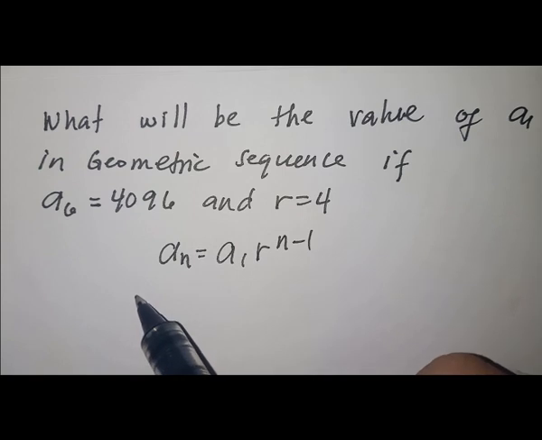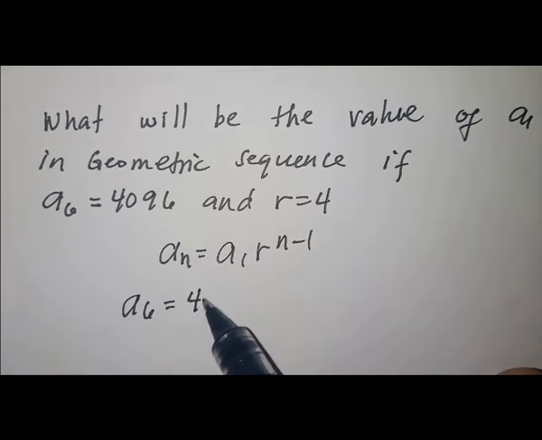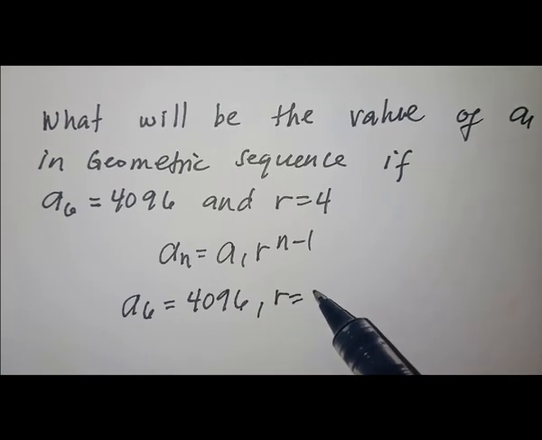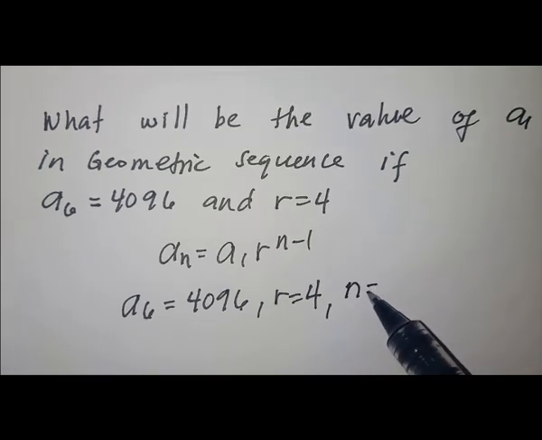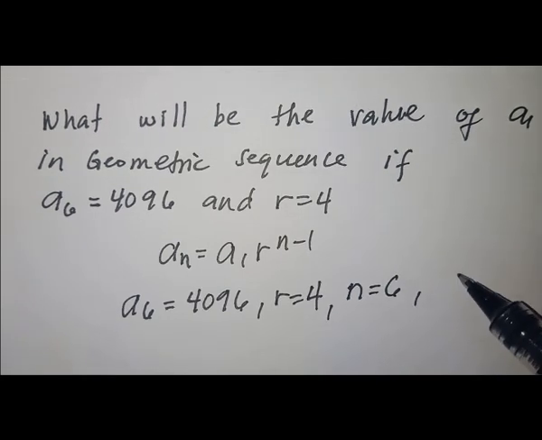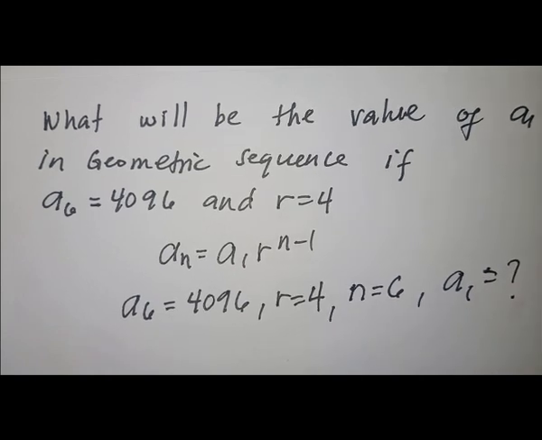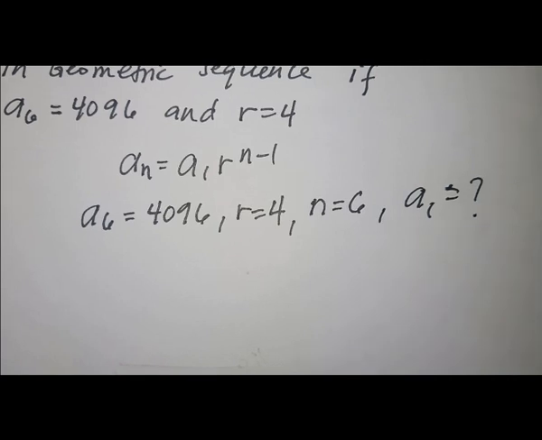Okay, ang given natin, meron tayong a sub 6 which is equal to 4096, common ratio which is equal to 4. At dahil meron tayong a sub 6, pwede nating sabihin na ang n natin ay equal sa 6. So what will be the value of our first term? Okay, so rewrite natin yung equation.